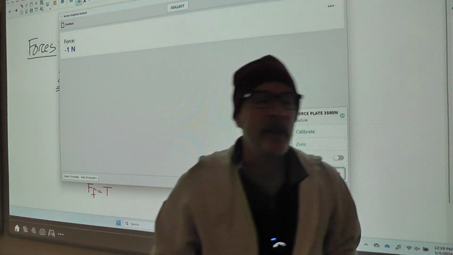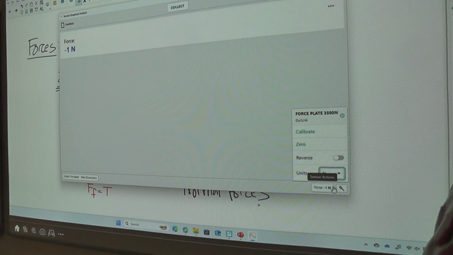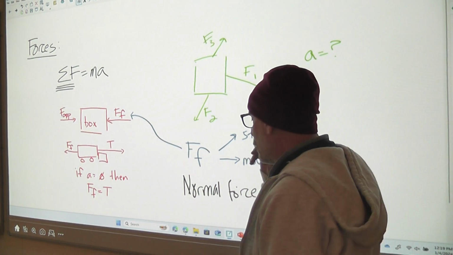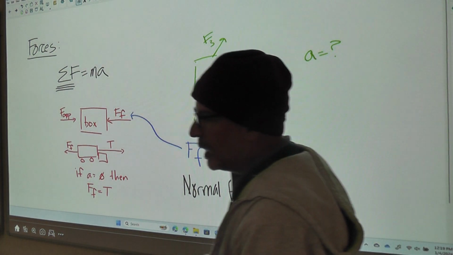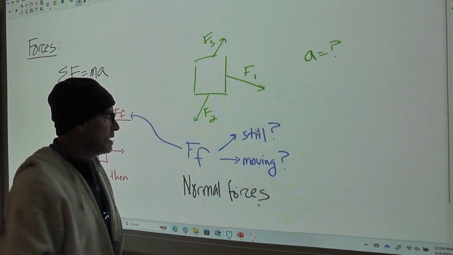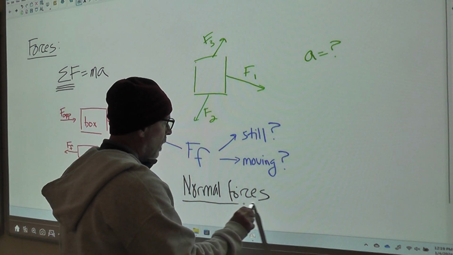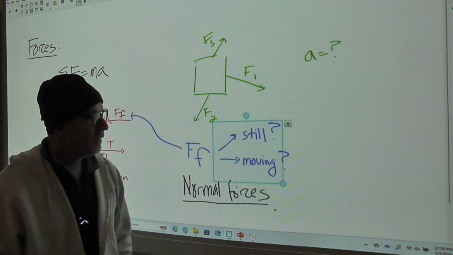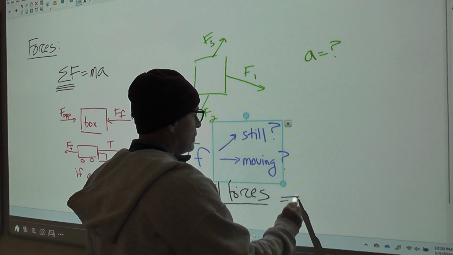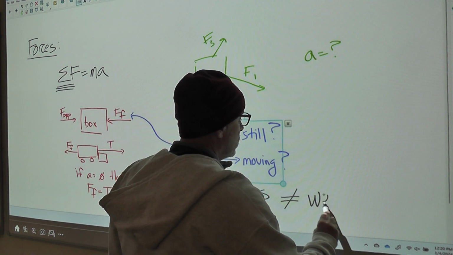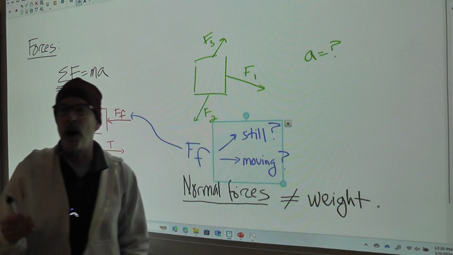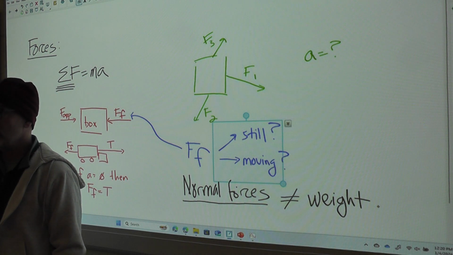So when we think about the information that we get from a measuring device, there are two things that go into it that are really important. One has to do with normal forces, which are more complicated than simply the weight of the object. The other is, what is weight, and what information do we get from a scale or some sort of measuring device?